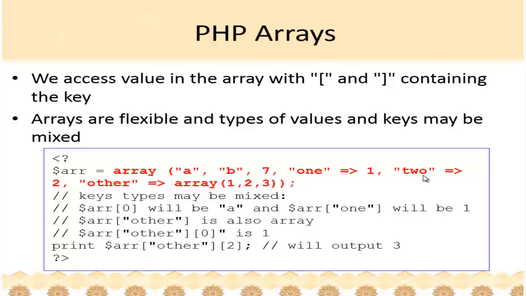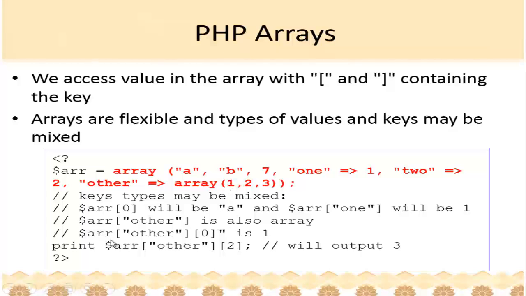Now the next one, I think I've already talked about it. You can have one of the values as an array itself. If you look at this example over here, one key is pointing to an array. So if you say ARR of other, it's actually an array altogether. In that case, if ARR of other is an array, how do I get its first element?